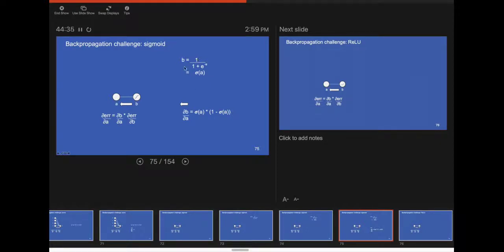So if you take the derivative of this expression with respect to A using calculus, this is what you will end up with. So even when B was a nonlinear function of A, and we know the error at B, we can compute the error at A by just multiplying it by this quantity. So it still falls in this principle of, we can use the chain rule.